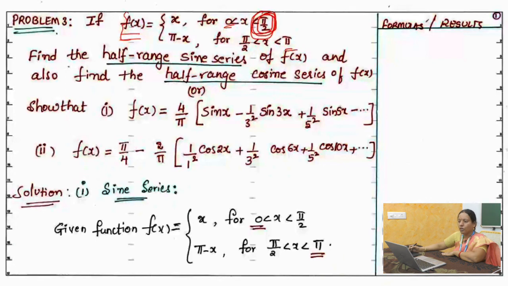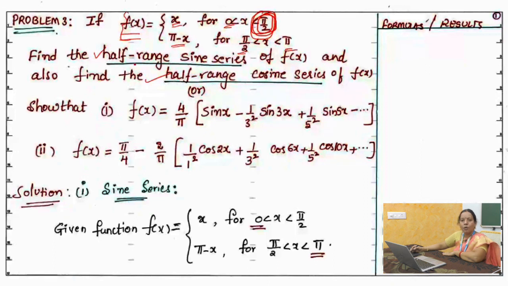That means from 0 to pi by 2, your function value is f of x equal to x, and from pi by 2 to pi, your f of x is pi minus x. They asked you to calculate the half-range sine series and also the half-range cosine series for this discontinuous function.